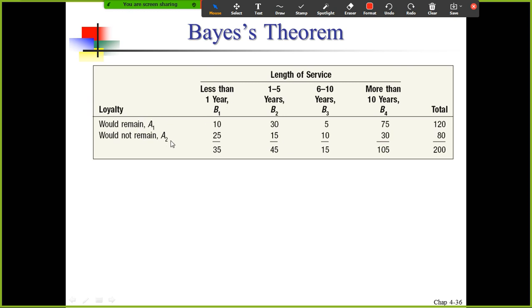A is the event of saying yes or no: A1 yes, stay with the company; A2 no, resign and move to a new company. B is the event of length of service: B1 less than 1 year, B2 1 to 5 years, B3 6 to 10 years, and B4 more than 10 years.